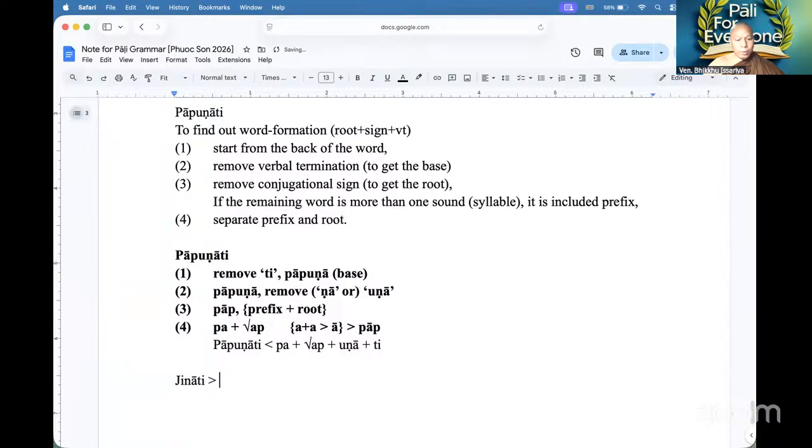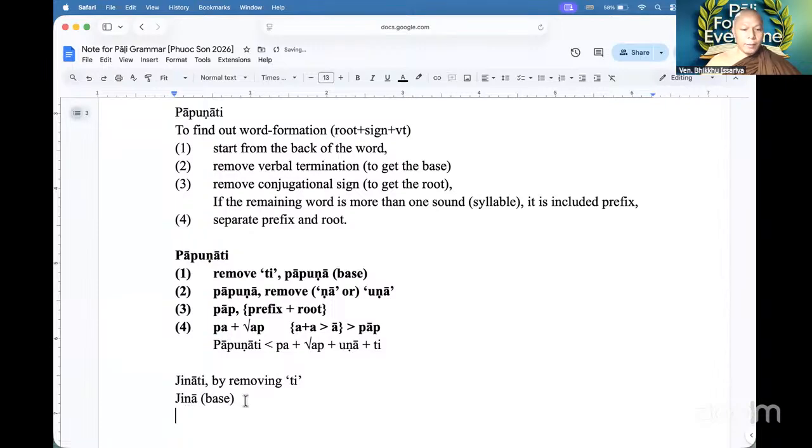Sorry, so by removing the vowel termination D, we have the Gn. So that is the base.